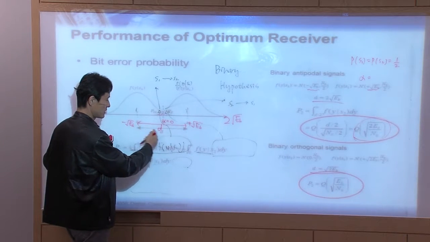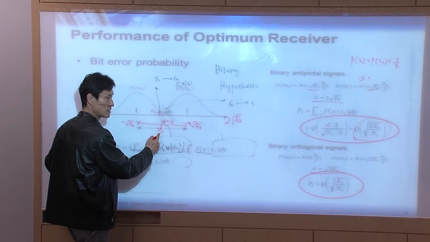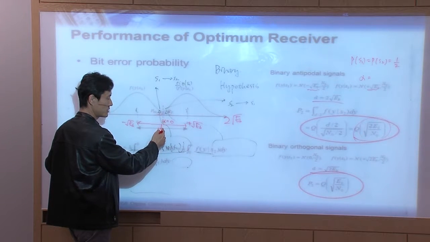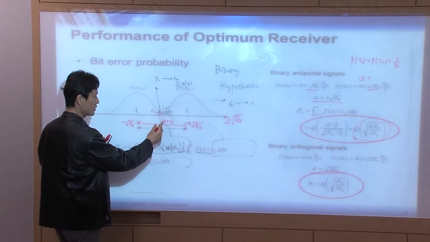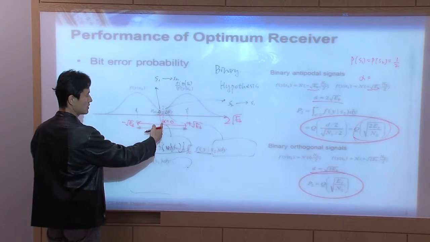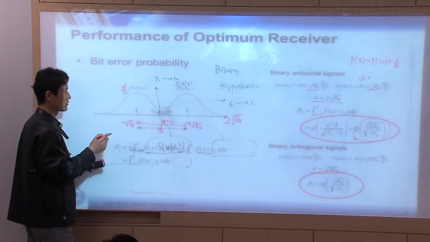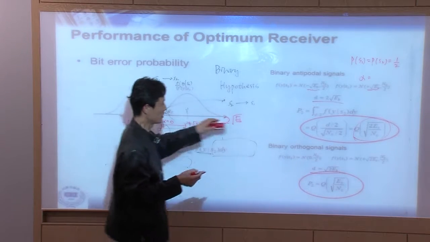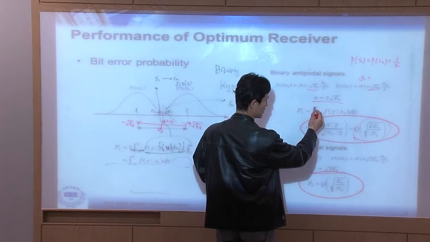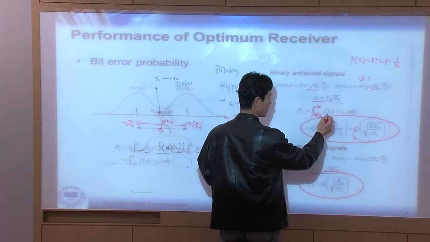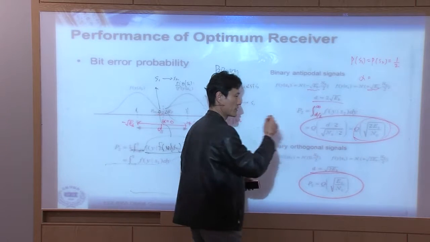However, the distance is D, right? This is D. And the optimal threshold here is the middle point, which means that if this is D, the alpha point is going to be D over 2, the half point. So that's why you're integrating this over this graph.